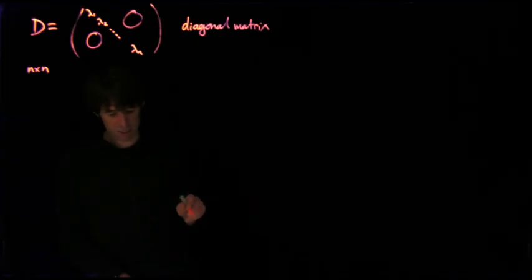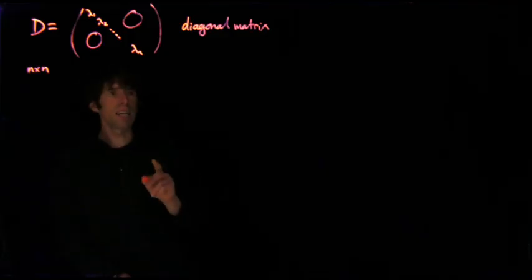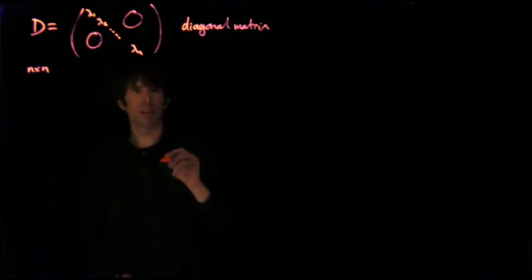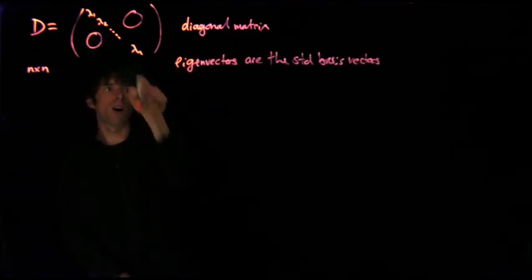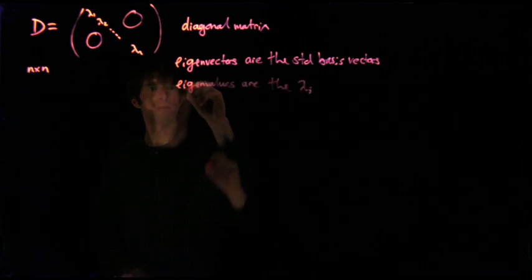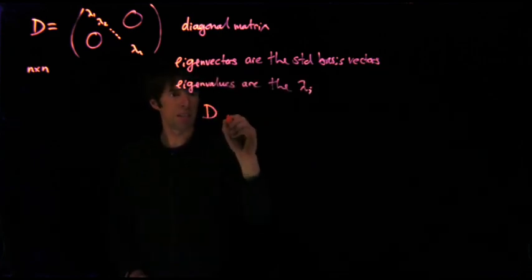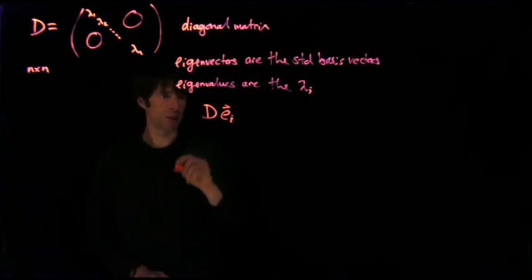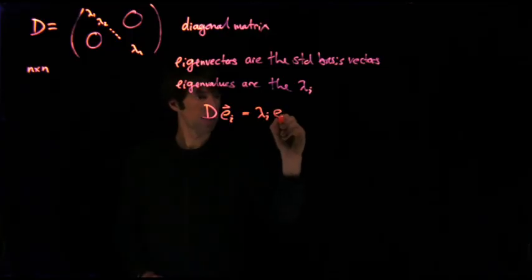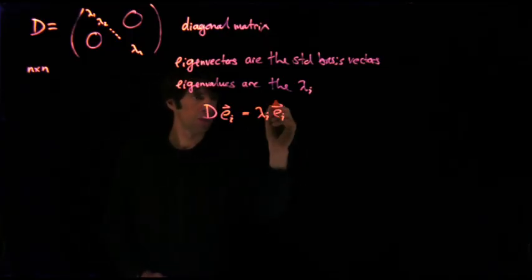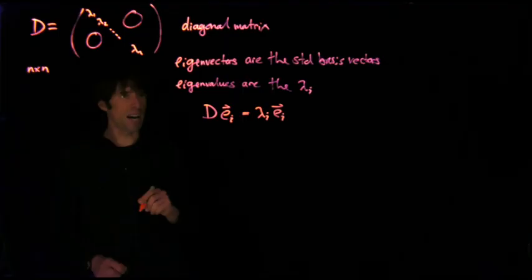A diagonal matrix has eigenvectors given by the standard basis vectors, and the corresponding eigenvalues are the lambdas. So what I mean by this is D times the ith standard basis vector, which I've been calling e_i, is going to be lambda_i times e_i. If you don't believe me, just multiply it out and check.